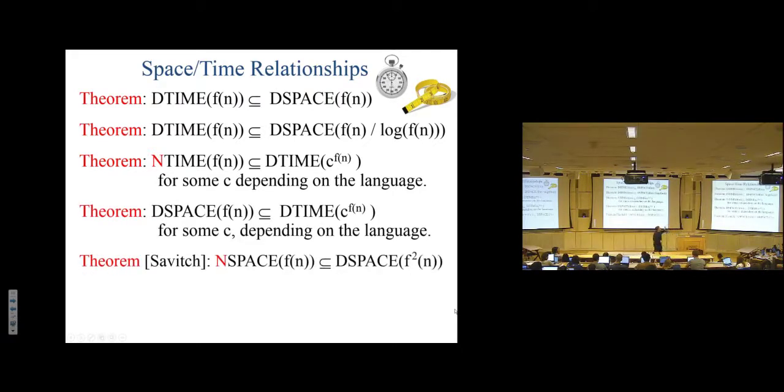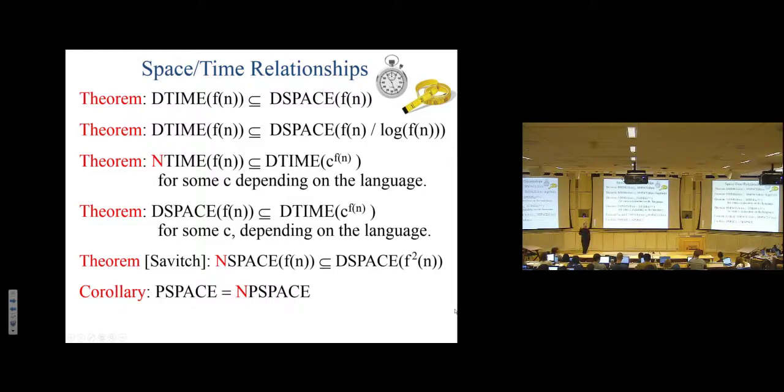And lots of theorems. Savage's theorem I mentioned, but here it is, the statement of the theorem at least. I'm not going to prove this. It's complicated. But basically, to get rid of non-determinism in space, you don't need to exponentiate the space like you exponentiated the time to get rid of the non-determinism, this pesky little n here, the non-deterministic red n.